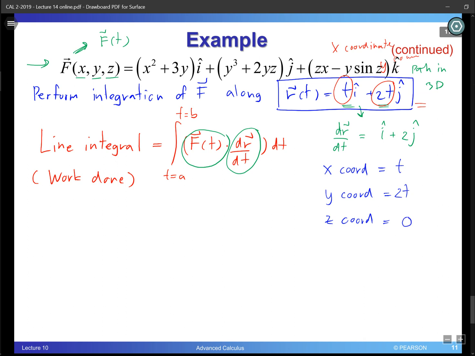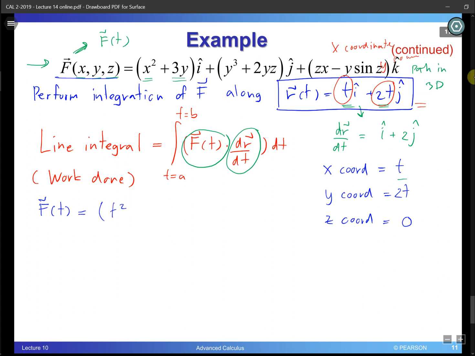Now we can use this information to translate f in terms of x, y, z to make it depend on t. So f that depends on t is going to be equal to, let's take a look at this first term, x squared. But now we know that x equal to t, so this is going to be equal to t squared. Next term, 3y.